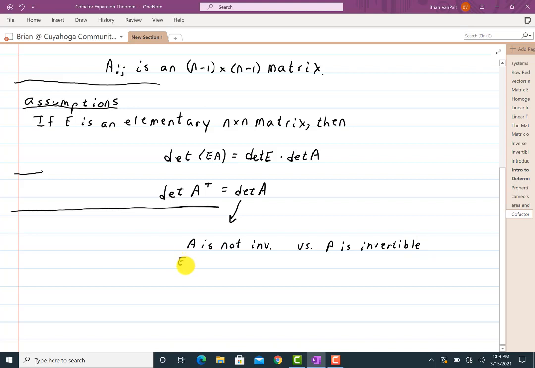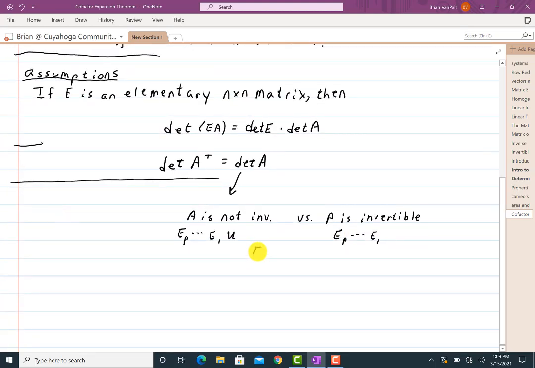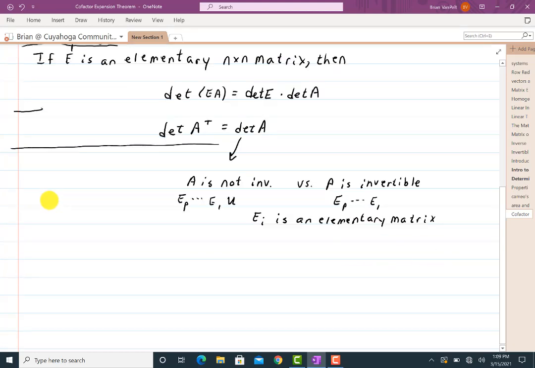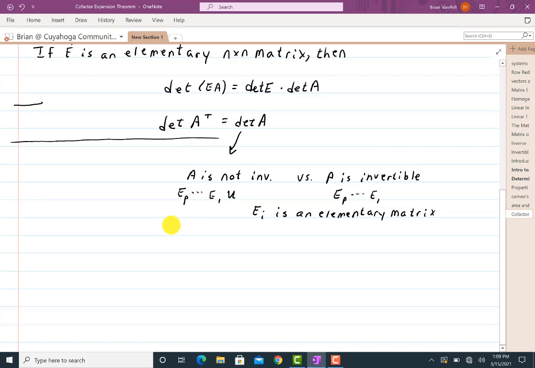When A is not invertible, you can write it as a product of elementary matrices times an echelon matrix, and each of the E_i is an elementary matrix.